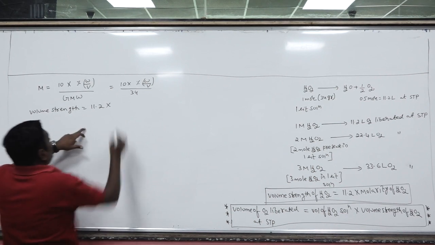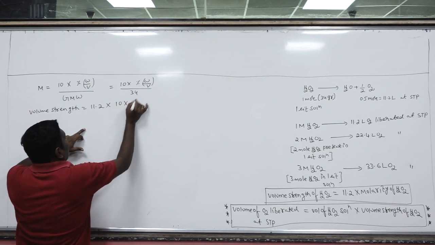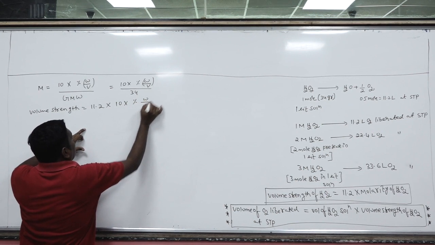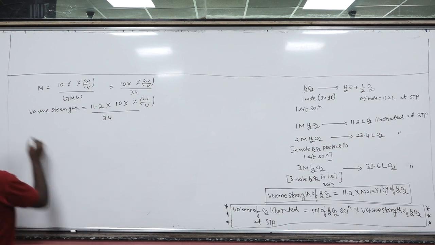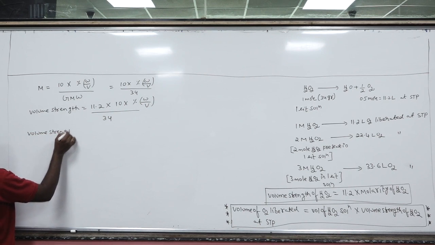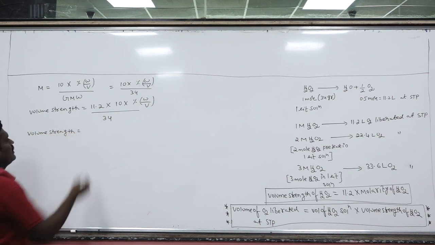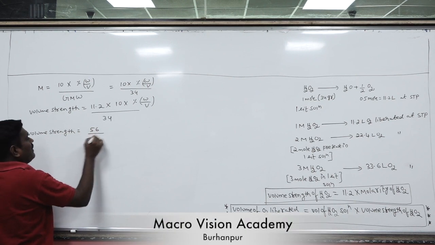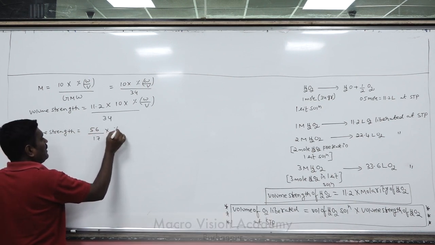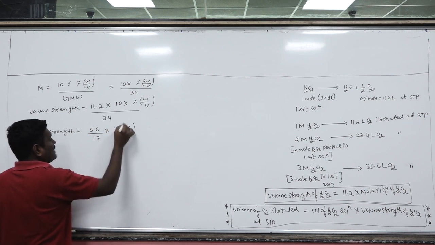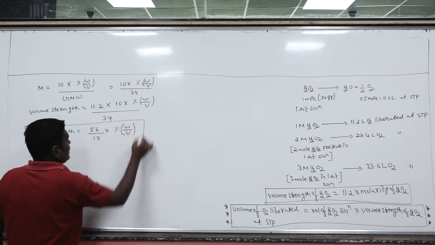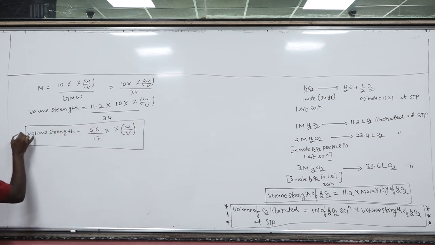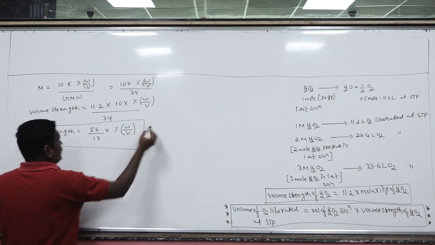Now I am writing 10 multiplied by weight by volume percentage, whole divided by 34. By simplification, volume strength is equal to 56 upon 17 multiplied by weight volume percentage of H2O2. So this is the relation between the volume strength of H2O2 and weight volume percentage of H2O2.